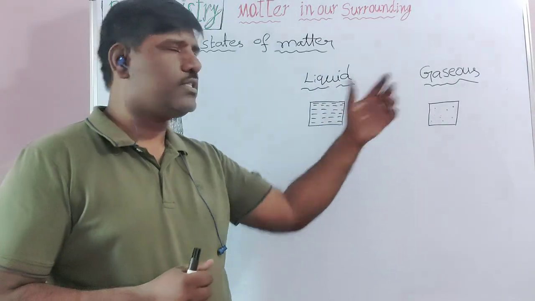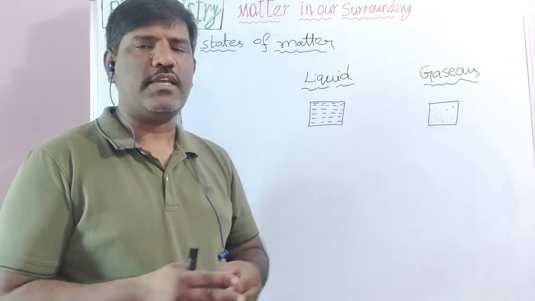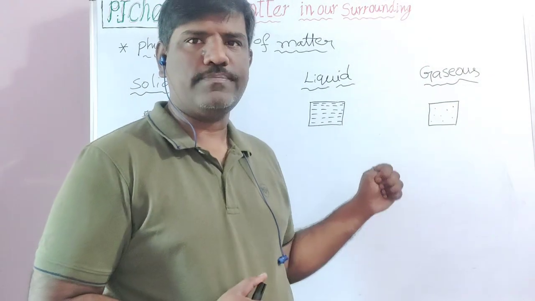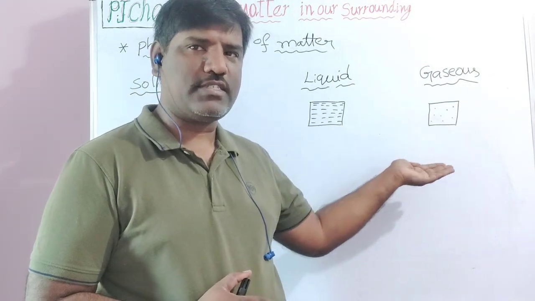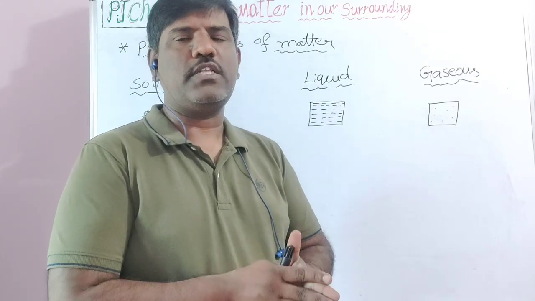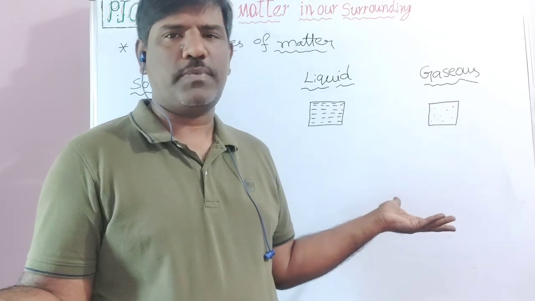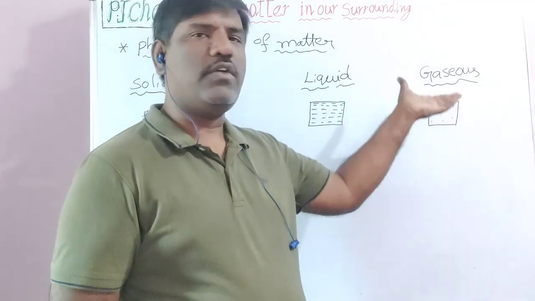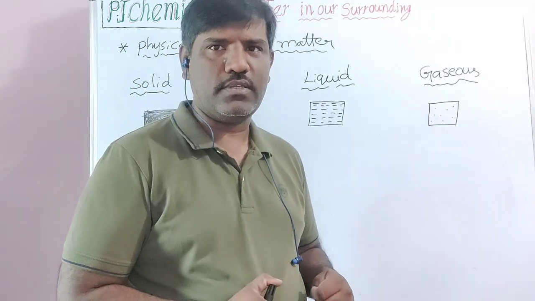If you observe the gaseous state, we can say there is negligible attraction between the particles. When attraction is less between the particles, there is more space. That is why gas particles can move however they want.